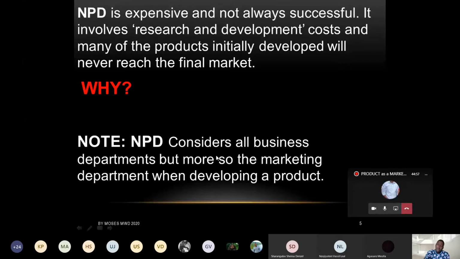You should know that all departments are very important in developing a product. Human resource, they give us skilled workers. Production department, they give us the best machines. Finance, they give us money to carry out research. Marketing department, they give us the right opinion. So you should analyze well.